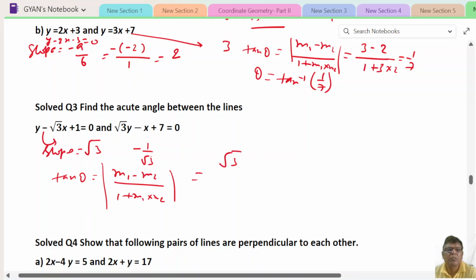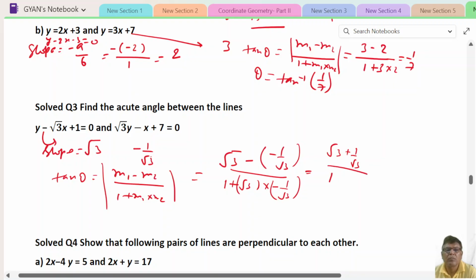So this one is root 3 minus of minus 1 by root 3 divided by 1 plus root 3 into minus of 1 by root 3. So this is root 3 plus 1 by root 3 divided by 1, root 3 gets cancelled, 1 minus 1.